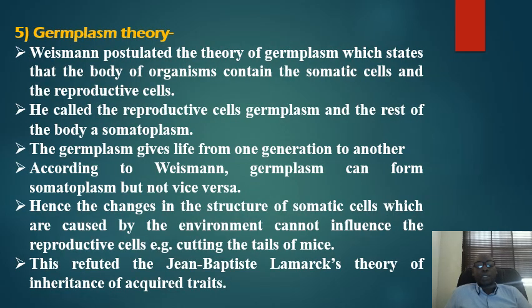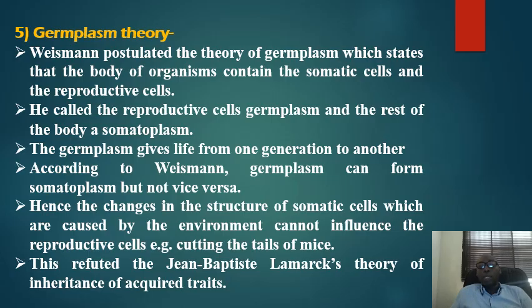The last theory was that of the germplasm theory, which was postulated by Weismann. It states that the body of organisms contains somatic cells and reproductive cells, which is correct. But he called reproductive cells germplasm and the body cells somatoplasm.